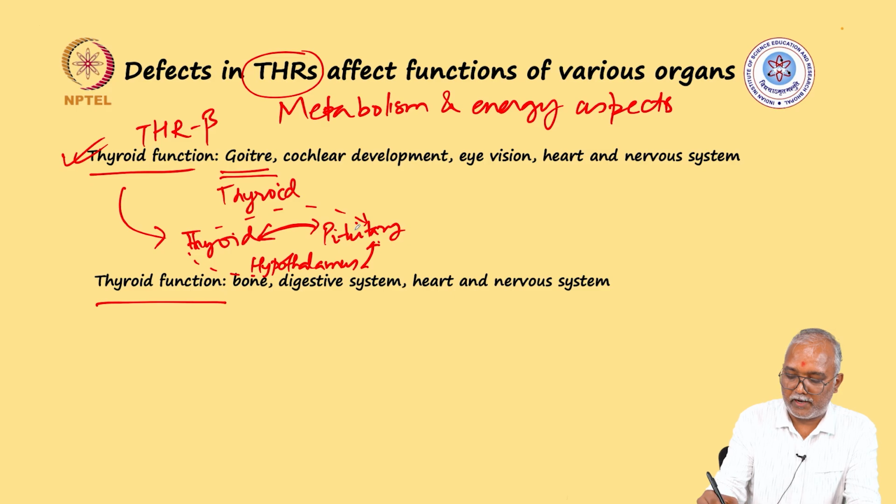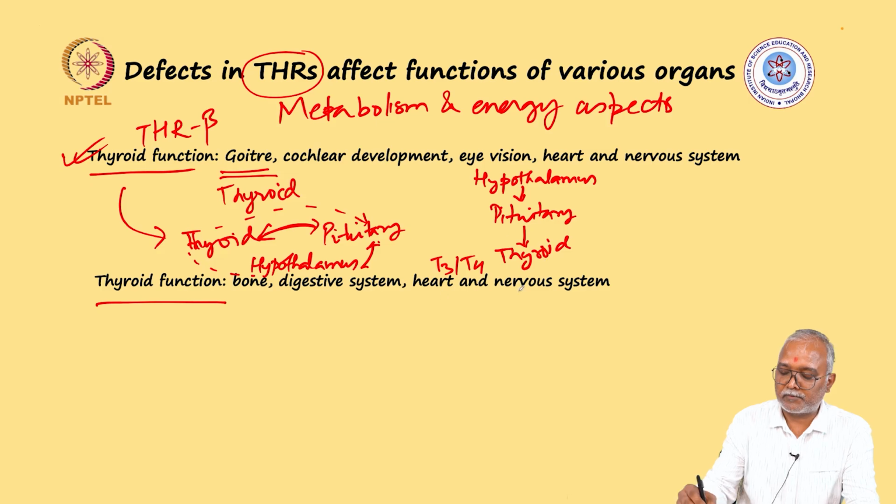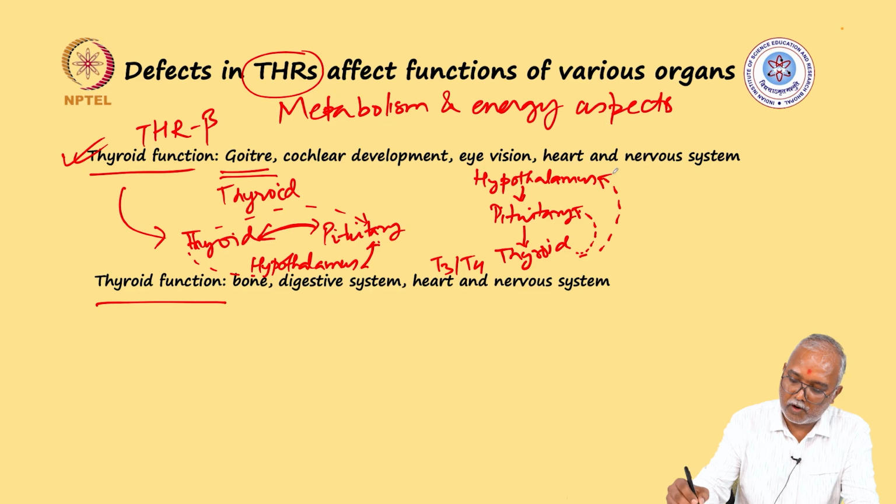So maybe if I draw it much clearer here, hypothalamus is placed above, then you have pituitary, and then you have thyroid. So normally hypothalamus signals to the pituitary, pituitary signals to the thyroid for production of T3 and T4 hormone. When there is enough of signal, it will send the feedback, negative feedback, which should stop the T3 T4 synthesis signal.